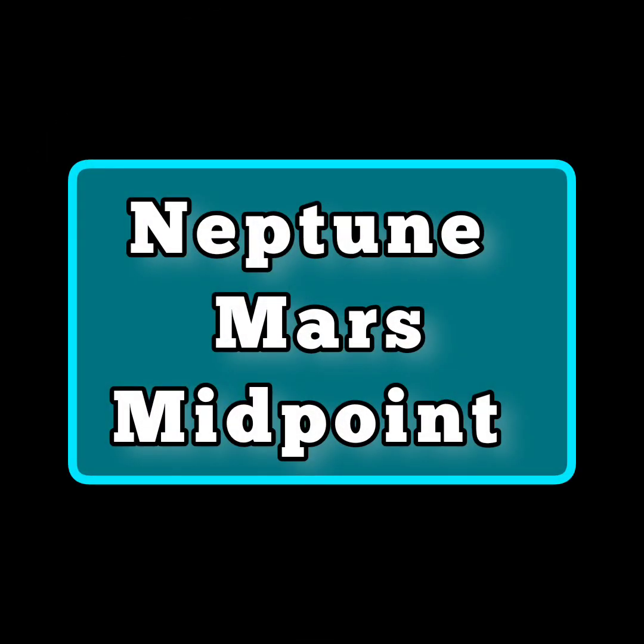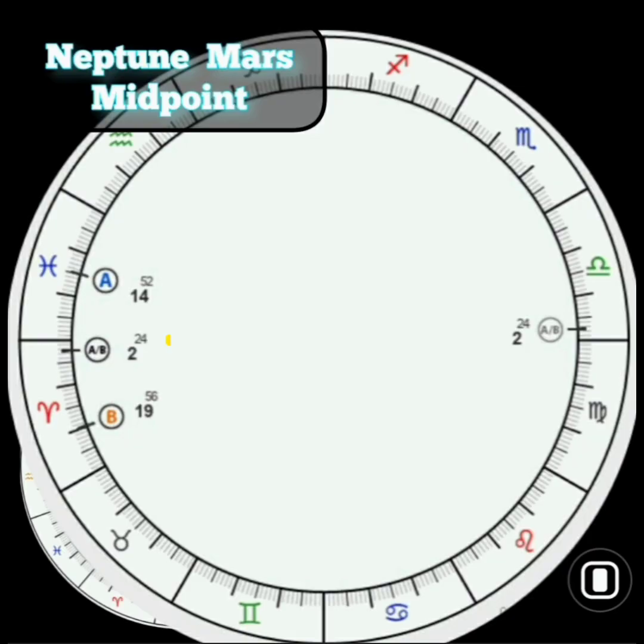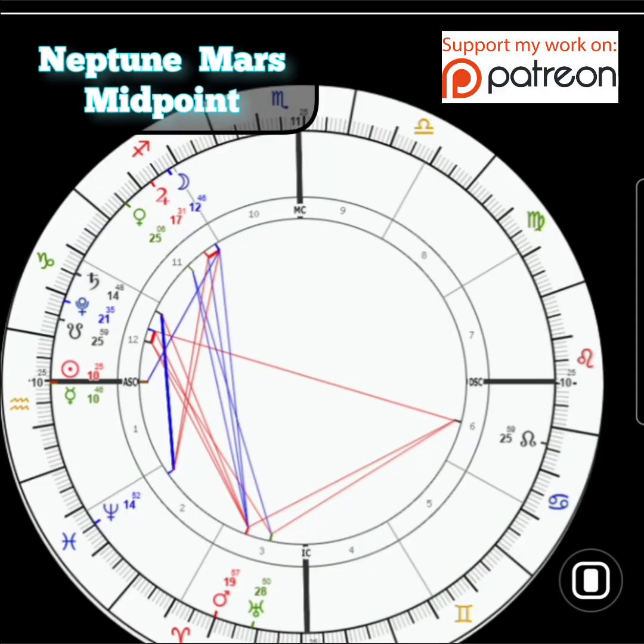One last thing to look at is the Neptune-Mars midpoint. Midpoint line is at 2 degrees of Aries and 2 degrees of Libra. And there is nothing at those points, which is good.